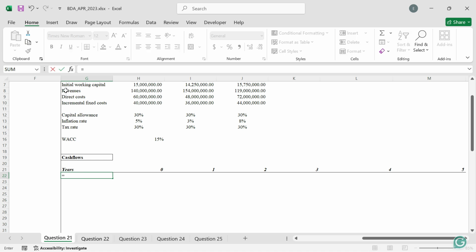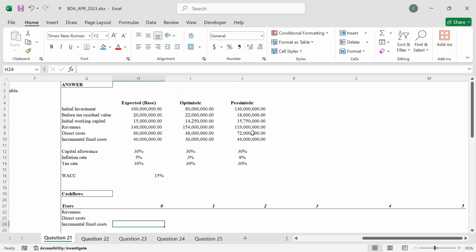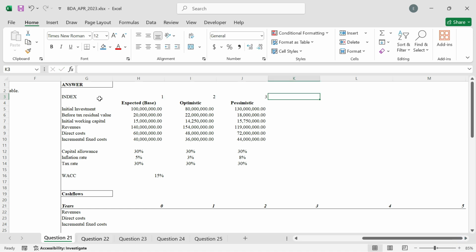Then I'll begin with my cash flows, starting with revenues, direct costs, and fixed costs. So before I fill in my values, I have to figure out my scenarios here. So I'll give each scenario an index number 1, 2, 3.